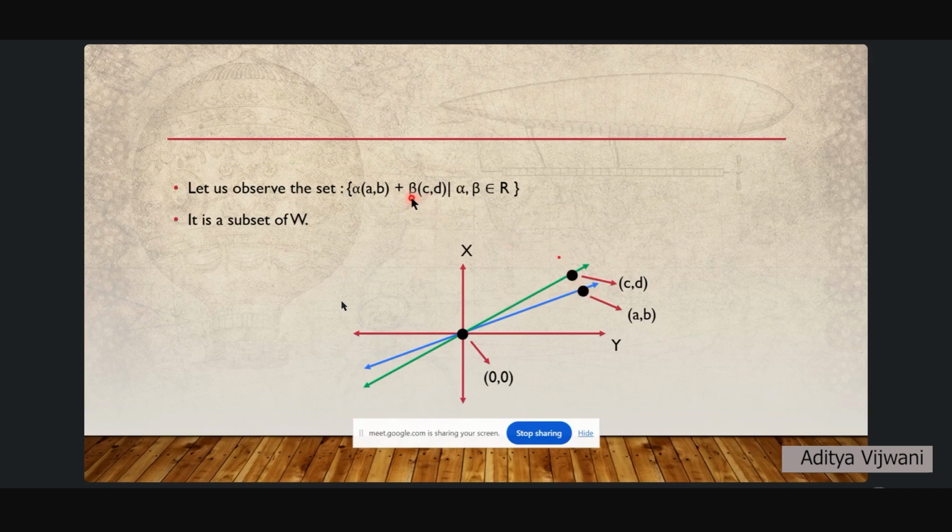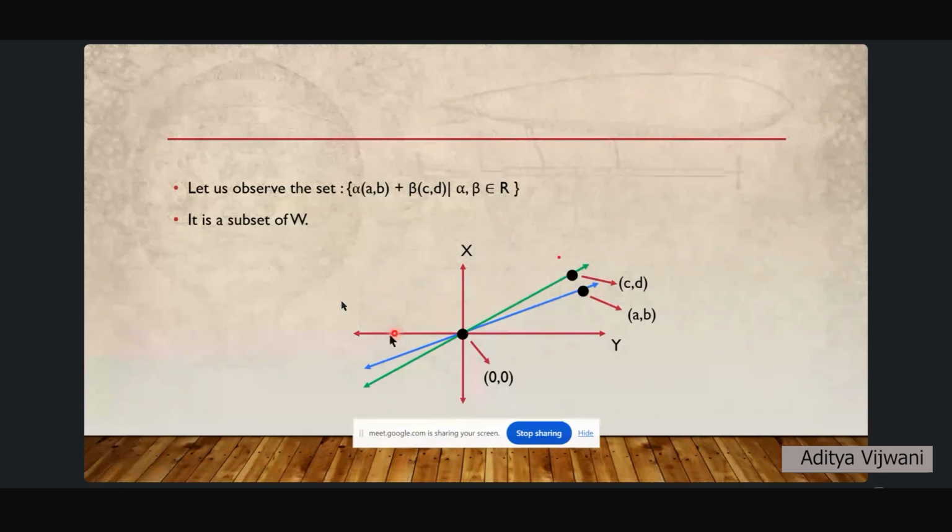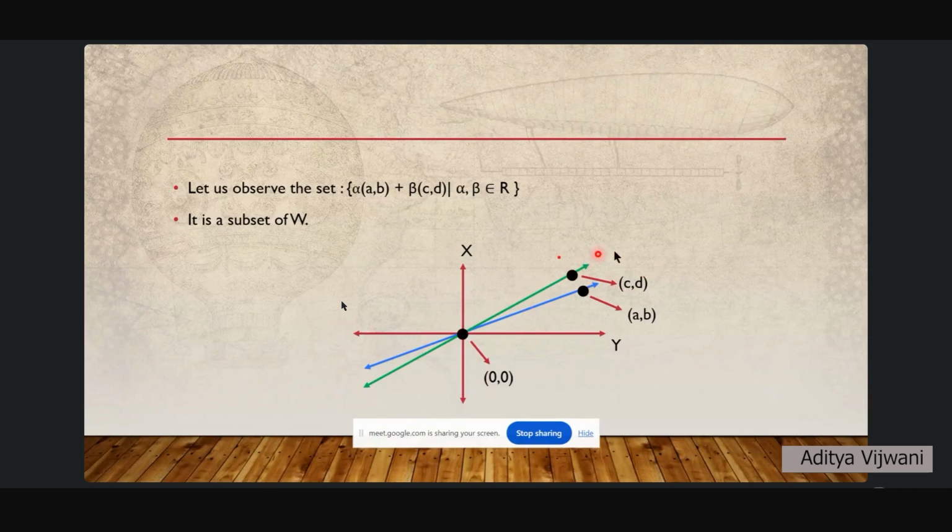Similarly, if I take beta as 2, then the points on this blue line get shifted by 2 times CD. And like this, if I keep going, I'll get parallel lines like this. And since my beta can be negative, I can get lines below it also, right? And in a similar manner, can you tell me if alpha is 0, what this set represents?